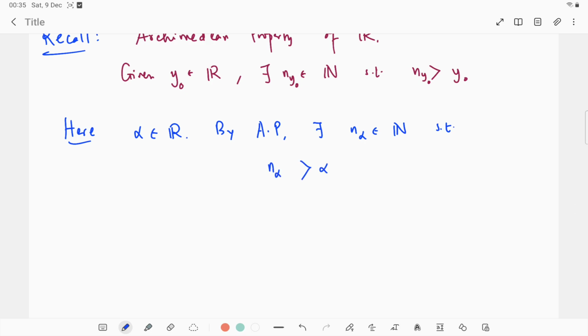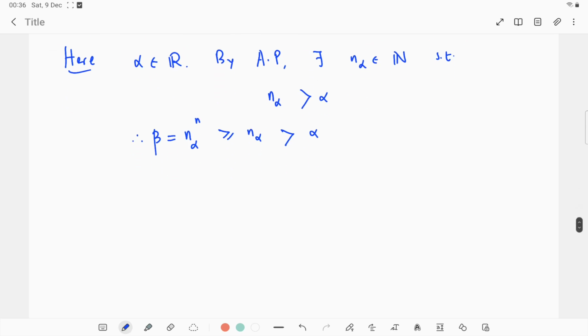So hence n alpha to the power n is obviously greater than or equal to n alpha, and it is strictly greater than alpha. So just call it beta.